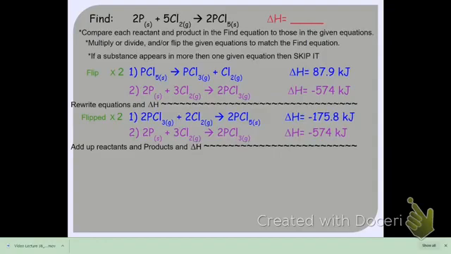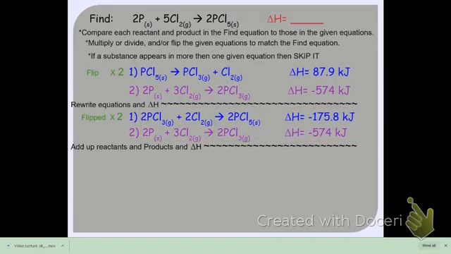So we're going to take all of our reactants and bring them down on one side, and we're going to take all of our products and bring them down on one side, and then we're going to take our delta H and add negative 175.8 to negative 574 and add those all together.